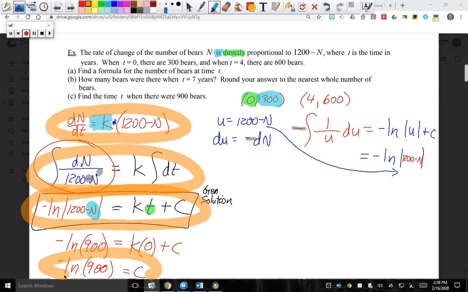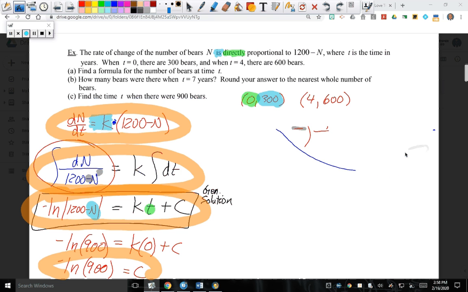Alright, so now we're going to build the general solution to become a little bit more particular by plugging in the value of c that we discovered. And we would have, okay, so again, we are plugging this one right here with that negative right here.